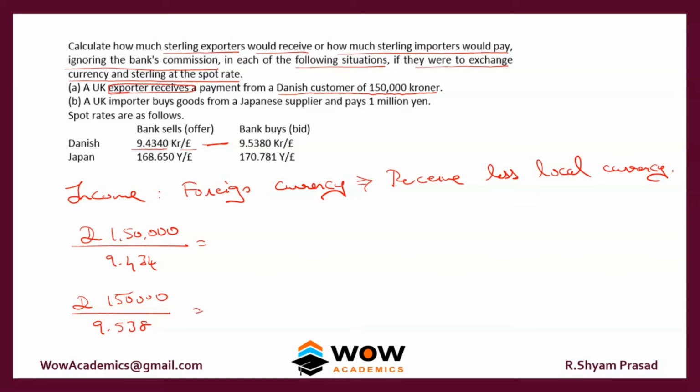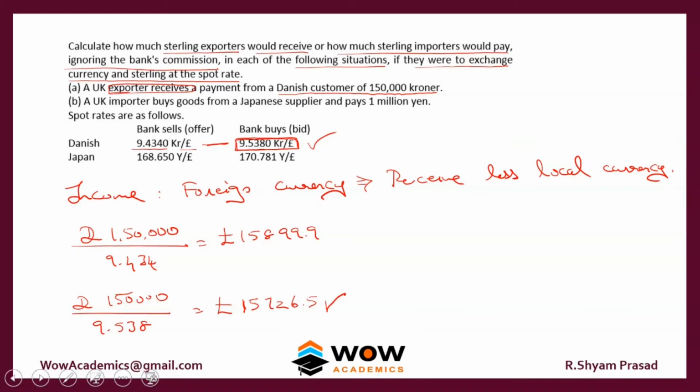We get both answers: 15,899.9 for this and 15,726.5 for the other. We have to receive less currency, so this is what the bank would accept. When they convert, they will receive this amount.